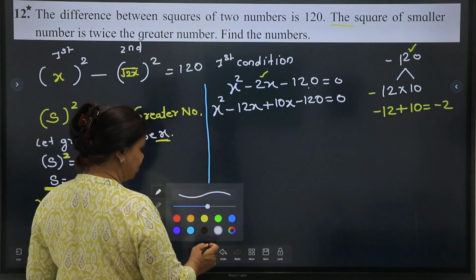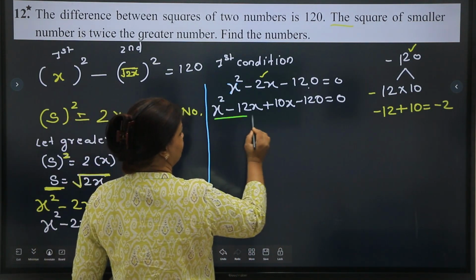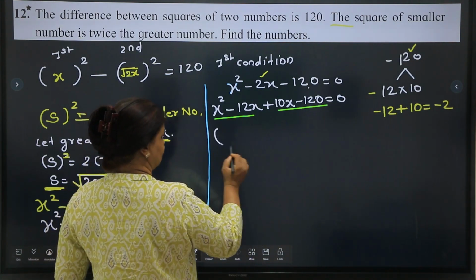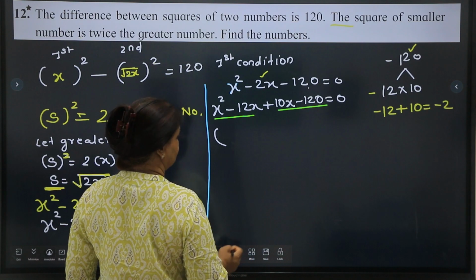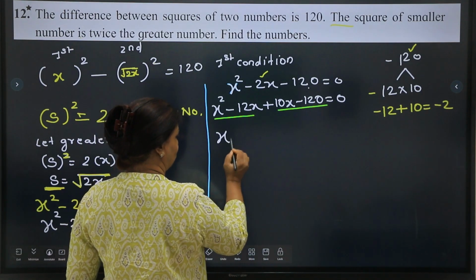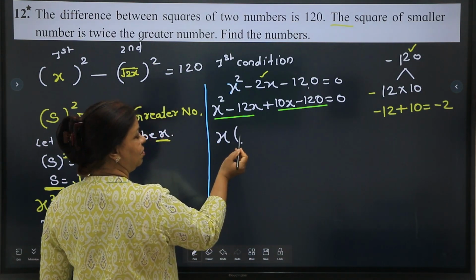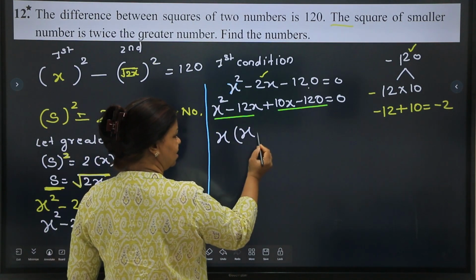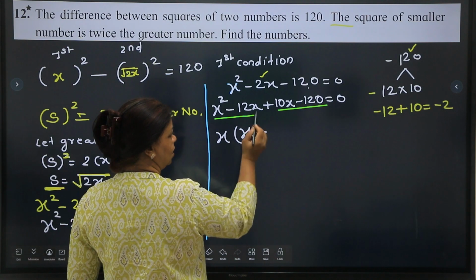Now the first two terms I will be taking, and the next two terms. From the first two, x I will take out, x multiplied by what gives x square, multiplied by x. Then sign is minus, x is out, 12 will be in.